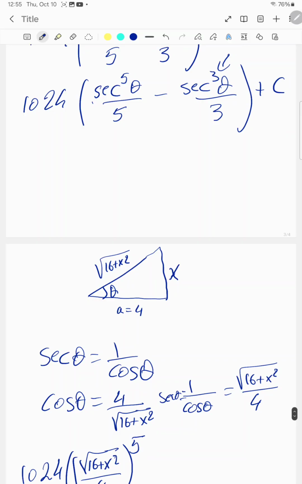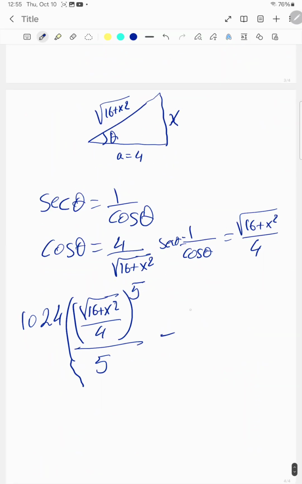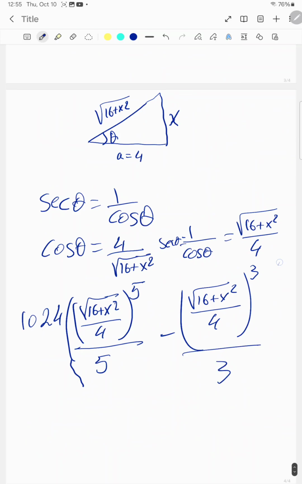So I will replace sec by square root of 16 plus x squared divided by 4, to the power of 3, and all that is divided by 3.